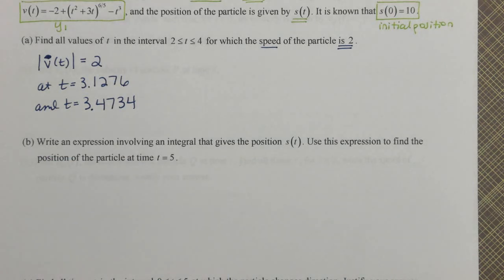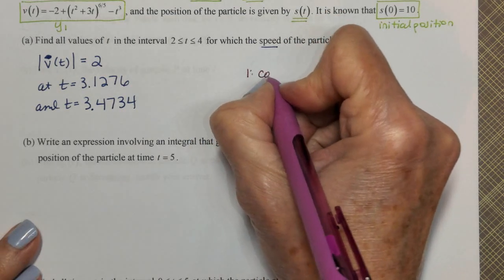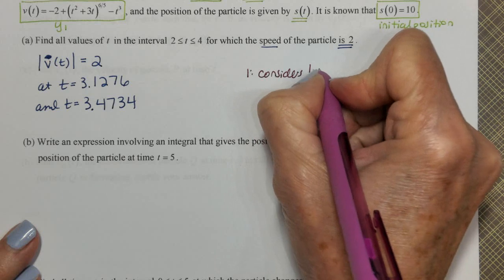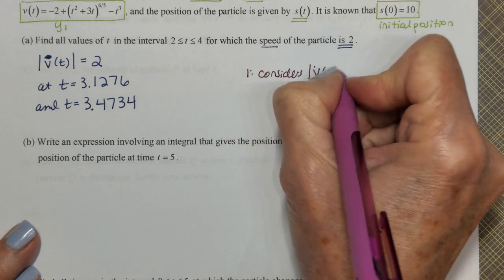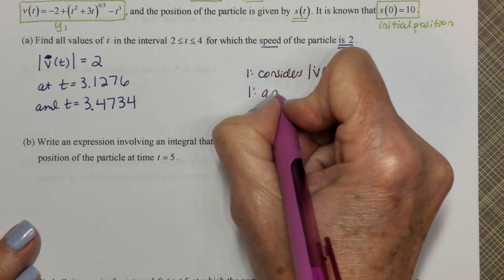This was worth 2 points. 1 point was for considers the absolute value of velocity is equal to 2, and 1 point for your answer.